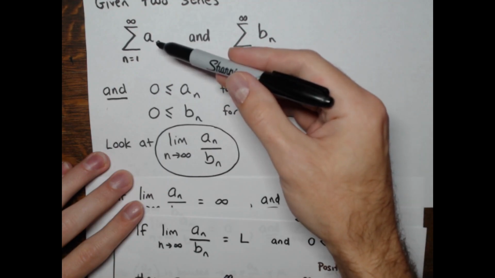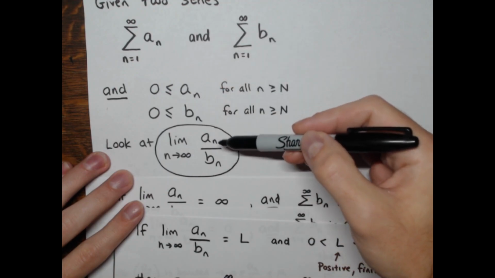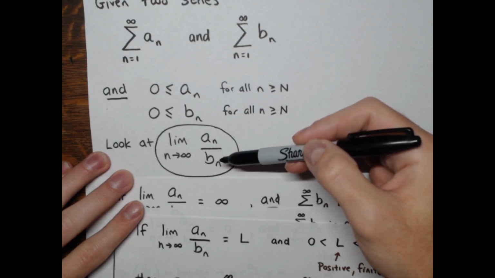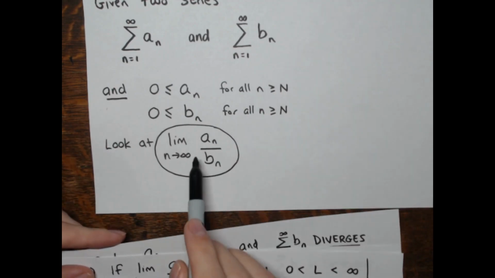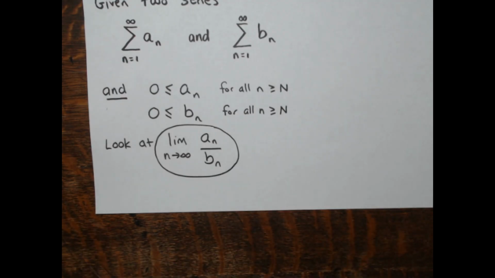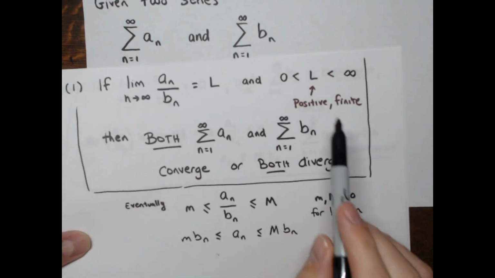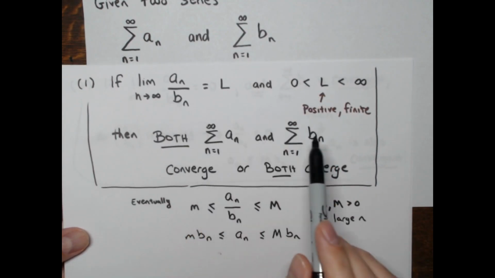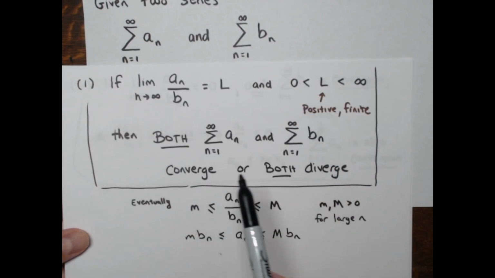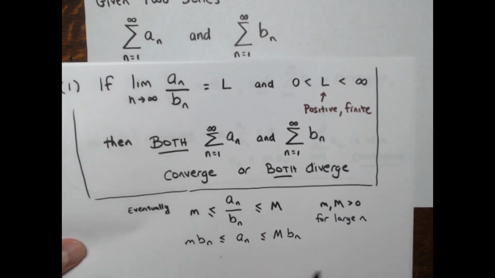Take every a sub n divided by the corresponding b sub n, and see what happens to those ratios as n goes to infinity. If this limit is between 0 and infinity, if it's finite, then both infinite series will converge or both will diverge.